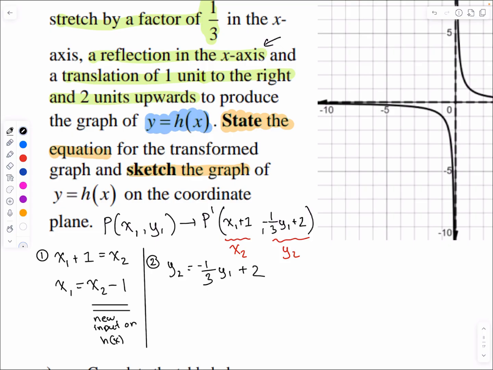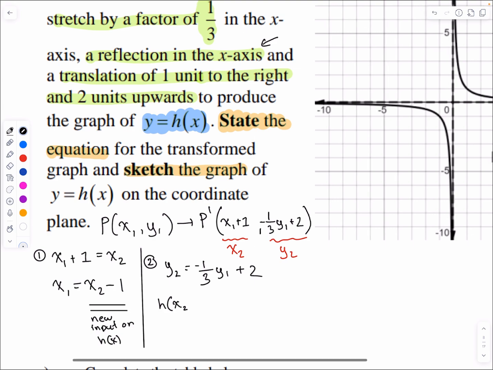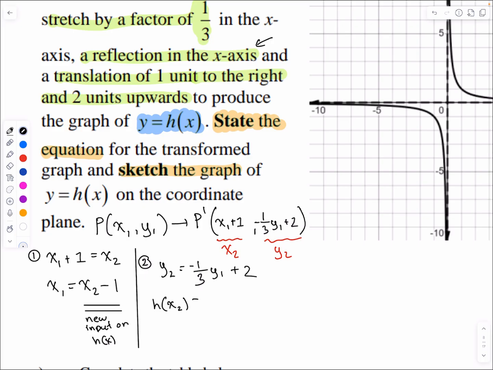Okay, so y2 is essentially our new function h of x, our new function h of x with our new input values, our new x values. That's going to be equal to negative 1/3. Now y1 is our function f, our original function, with our input values of x1. And then we're going to tack on a plus 2.